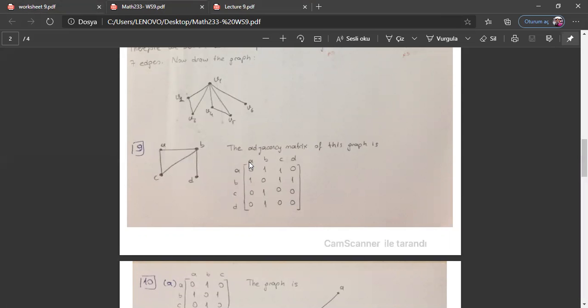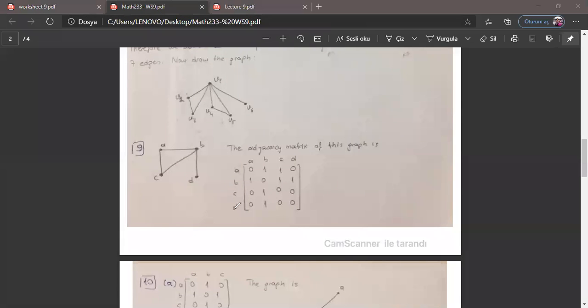Okay, and what about B and A? Do we have an edge between them? Yes, we have only one edge, so we write 1. And between A and C, so I made a mistake there too.